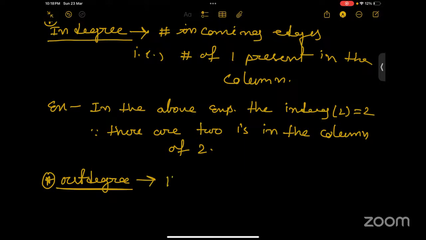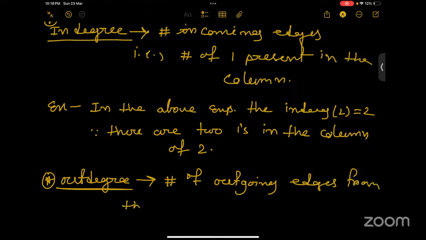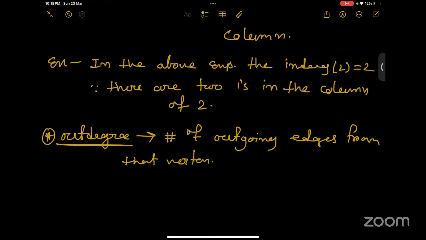So out degree is what? Number of outgoing edges from that vertex. That means the number of ones present in the row of that vertex.